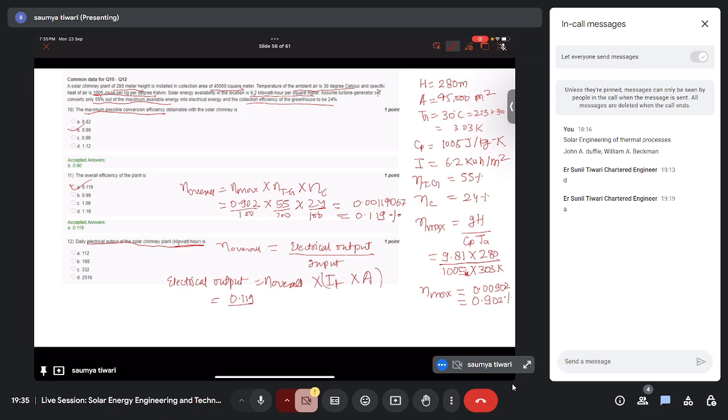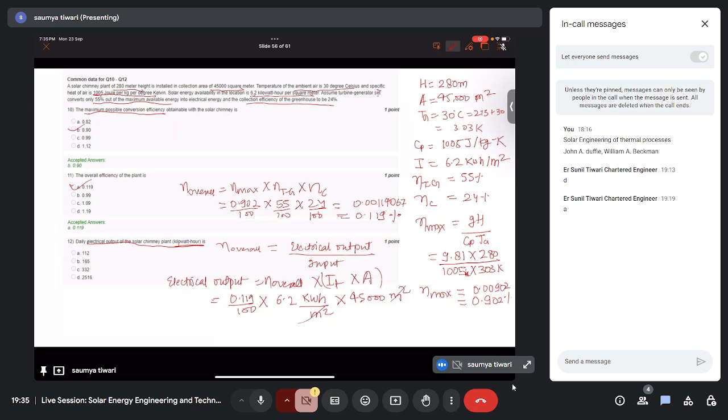So it will be equal to 0.119 into your I value, which is 6.2 kilowatt hour per meter square, and your area is 45,000 meter square.